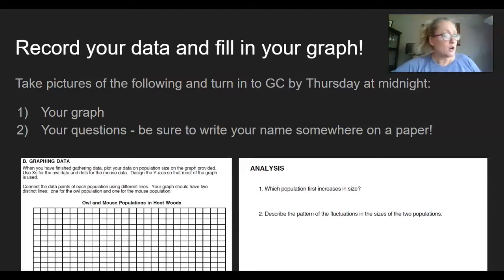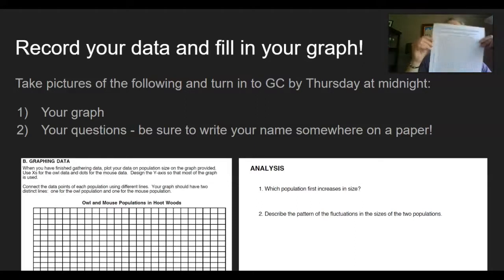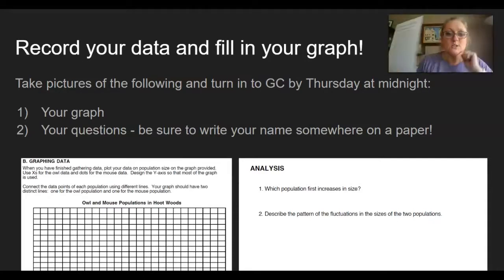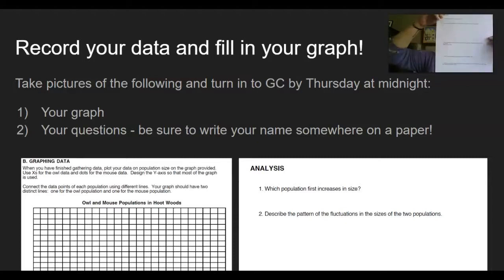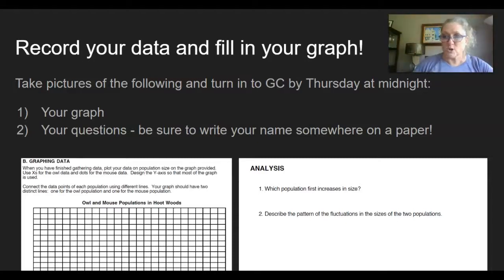You're going to graph your results on this, or you can generate your own graph using a Google document. So you're creating a graph. You're also answering the analysis questions. There aren't too many of those there. And then you take a picture of it and send it to me. Very easy. Or you create a Google Doc and you send it to me by Thursday night at midnight.